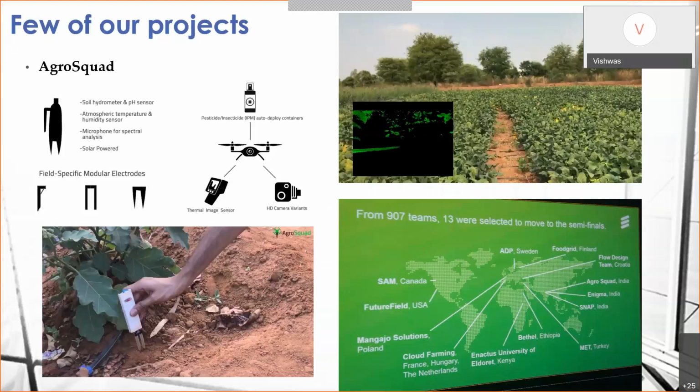So I'll quickly go through all the projects we have done for the hackathon purpose and even for brainstorming. This project is called Aggro Squad. As you can see, it's for agriculture. The ideation of the whole thing happened in the quadrangle only.